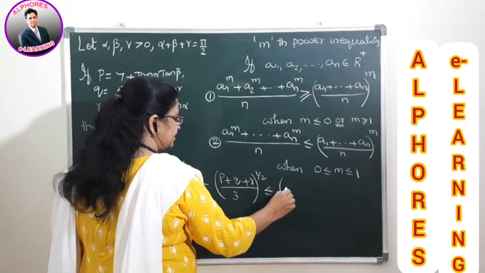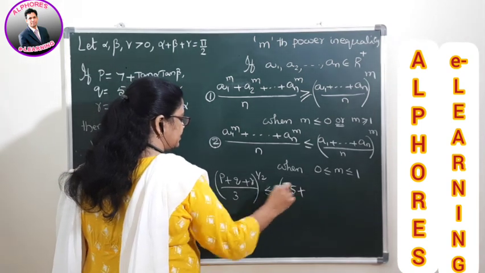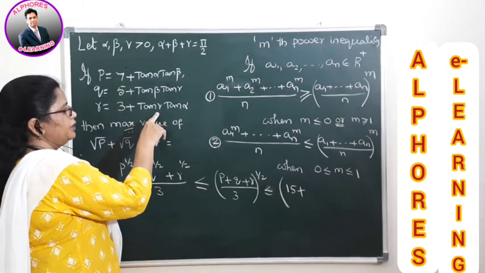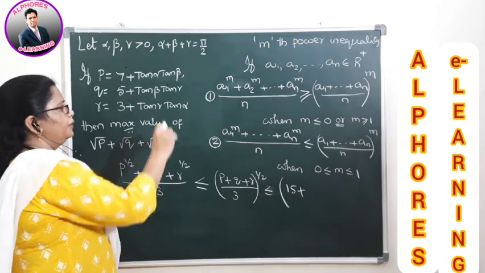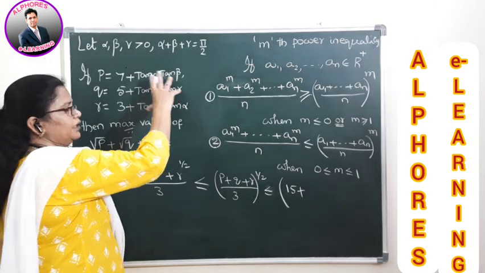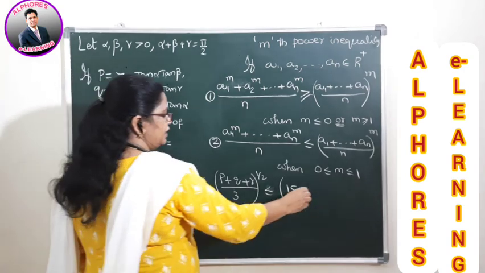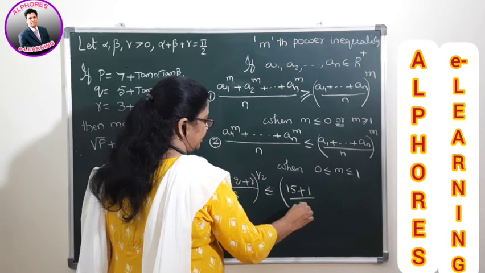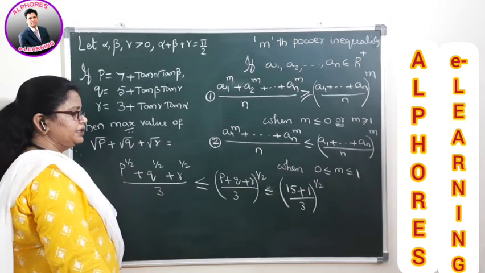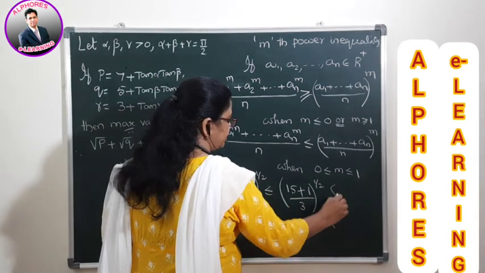That implies it is nothing but 15 plus tan alpha tan beta plus tan beta tan gamma plus tan gamma tan alpha. Hope all of you know about this value. The sum under this condition is 1. So I am writing this value as 1 here, divided by 3 to the power of 1 by 2. Once you got this value, students, which rule have we applied here?